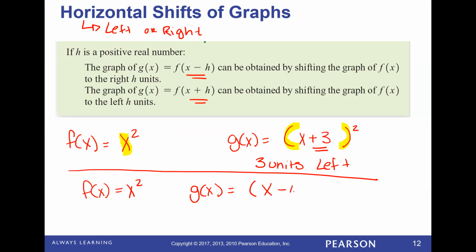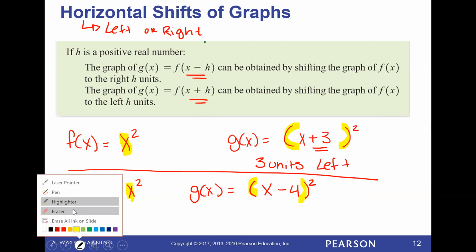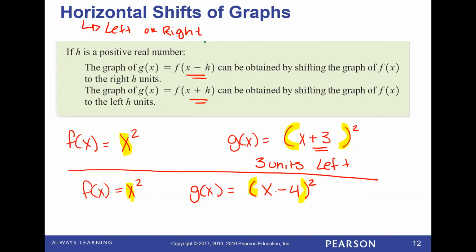Now, if I were to take that same function, but this time change it to x minus 4 quantity squared, again I'm noticing that we've got a set of grouping symbols here, and that's what I'm paying attention to. That grouping symbol is replacing where I would normally have just a plain old x. What I do notice is that I have this -4, which is a little different.